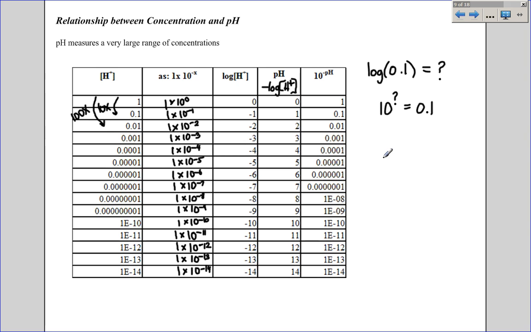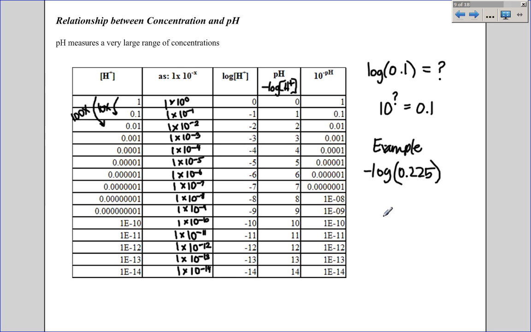So let's do a little bit of practice here on our calculator. Let's take this example, and we want to know the log of 0.225. I want you to get that value into your calculator and take the negative of that. So you've got the negative log of 0.225.